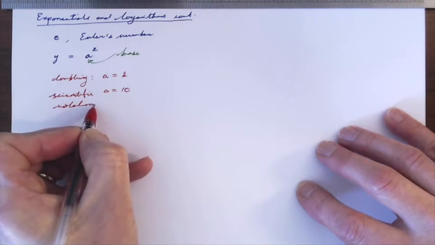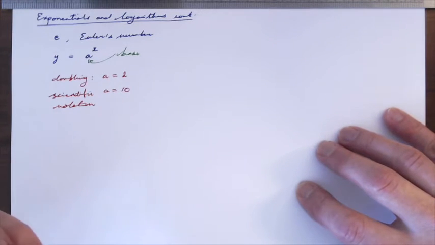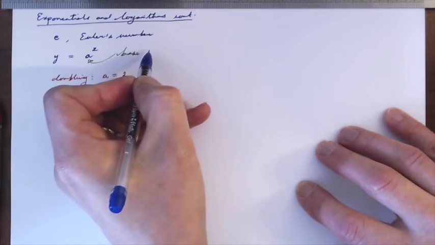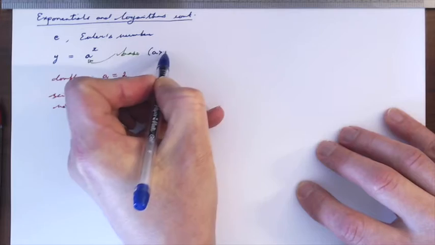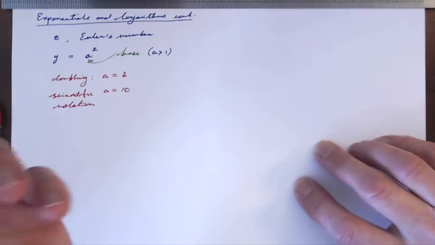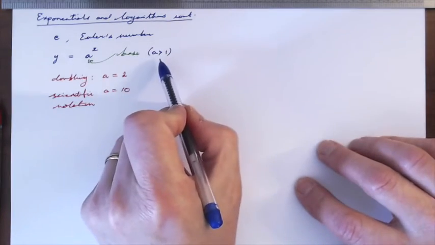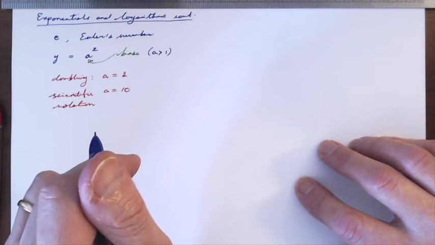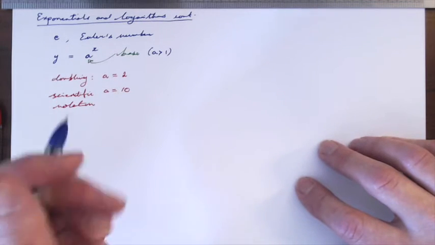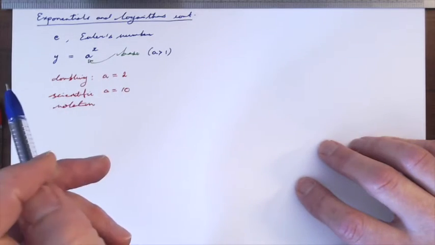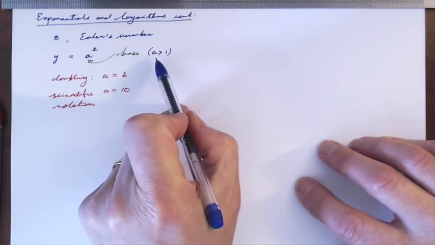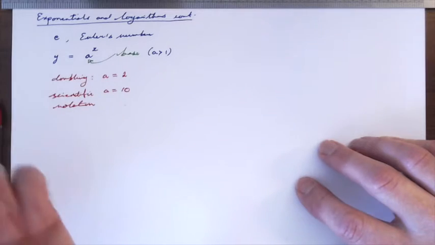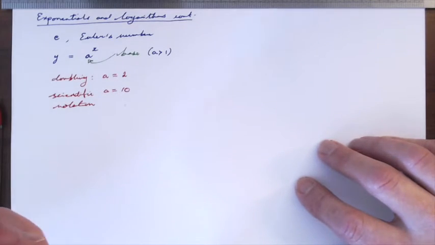Now you're free actually to use any base you wish. We tend to just place the restriction that a is greater than 1. I mentioned that if you somewhat perversely chose a less than 1, then you could relate that to a decaying exponential. So we tend to use a value of a base that's greater than 1, and really any number you wish could be used as a base.